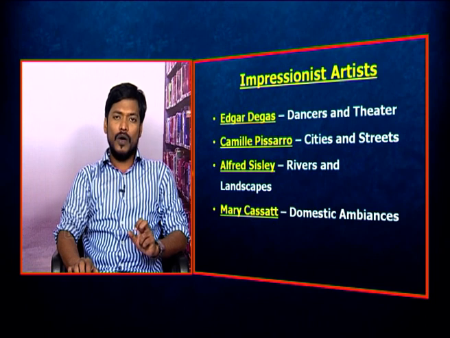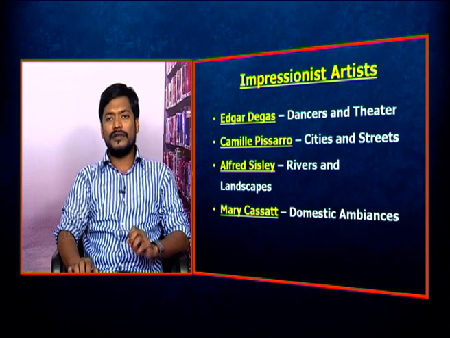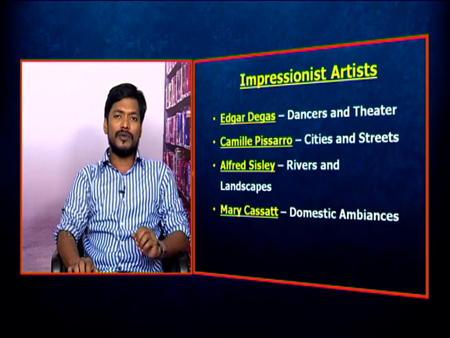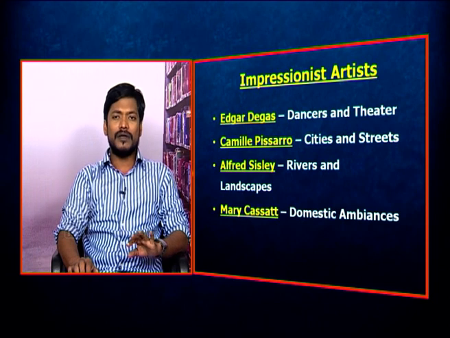Pissarro was older than the other artists of the group. He was like a father figure, and he painted cities and streets, and he used to travel outside Paris to the nearby villages and suburbs, and he painted as he traveled. Paul Cézanne is one of the accompanying artists and a friend of Pissarro.